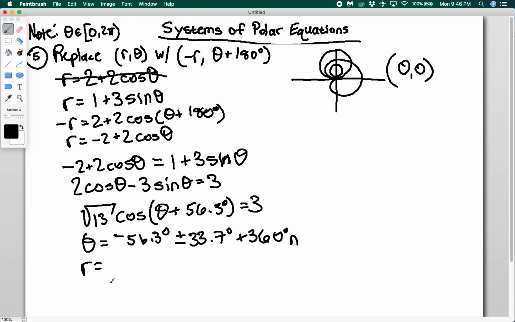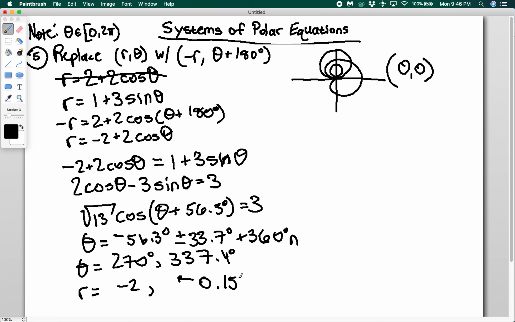So theta is going to be equal to 270 degrees and 337.4 degrees. And r, that corresponds with this, will be negative 2 and negative 0.15.